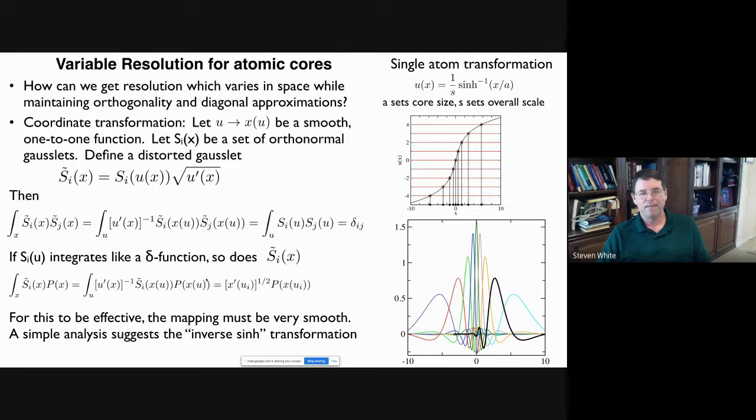These mappings, as long as they're smooth, won't hurt the completeness too much. So we can make an ansatz for a reasonable coordinate mapping. And here's what it looks like. The spacing in the variable u is uniform, but when we transform it to x, it gives you a non-uniform spacing. And so the 1D distorted gausslets that we use look like this.